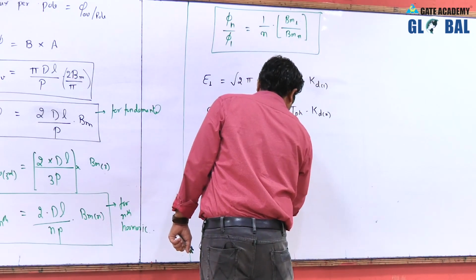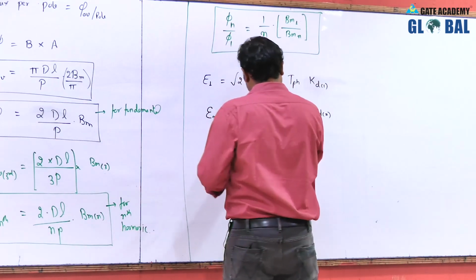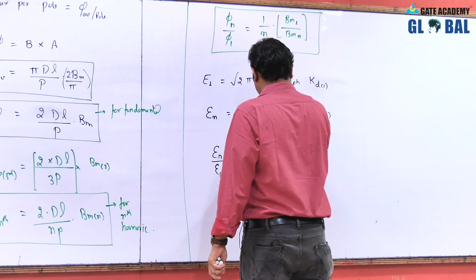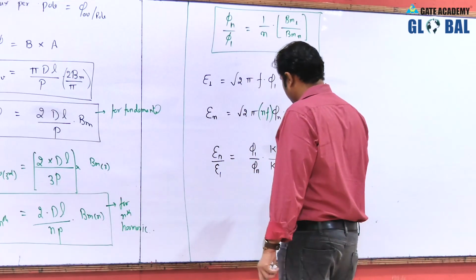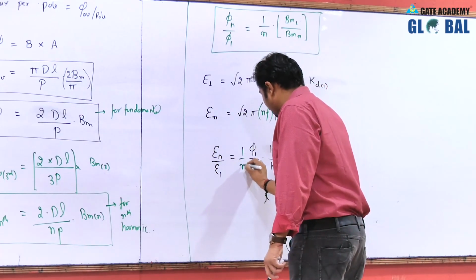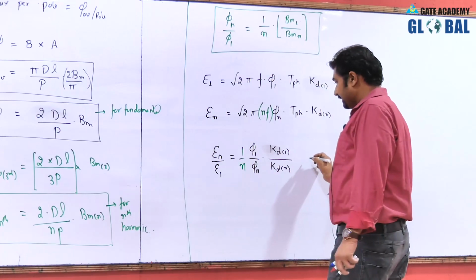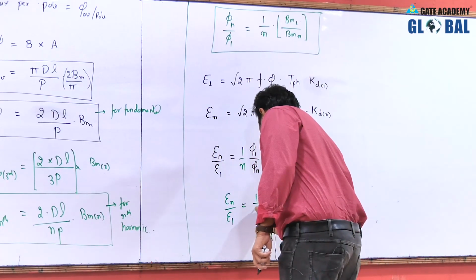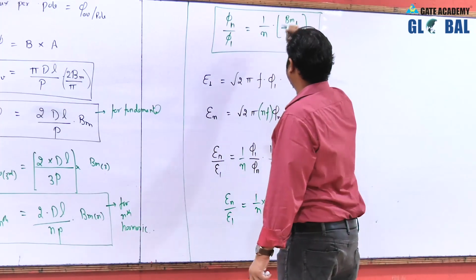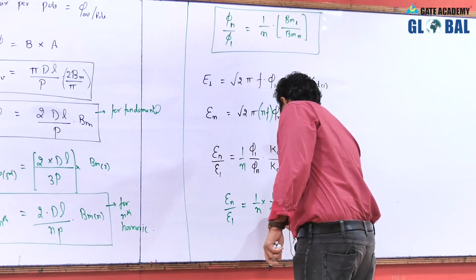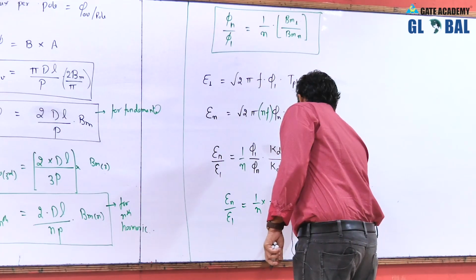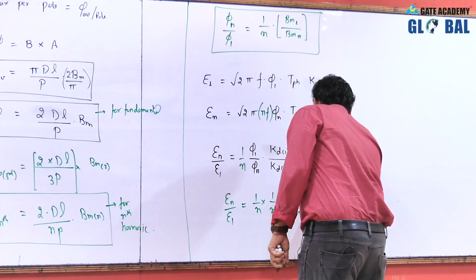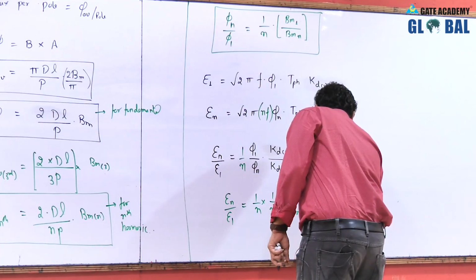by Kdn. Okay, the nth harmonic has a frequency of n times the fundamental. So you may represent it here as nf. Is it okay? So you can say, sir, f by nf is 1 by n. Further you may write it as, sir, nth harmonic induced EMF by fundamental will become 1 by n into phi 1 by phi n, which is equal to 1 by n into Bm of fundamental to Bm of nth harmonic into Kd of fundamental to Kd of nth harmonic.